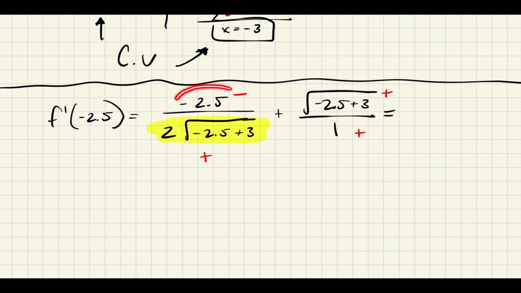This guy's a big number over this. So this is pretty much double this, right? Let's see. It's actually pretty close. Pretty close to 0. So this one's going to be a pretty small fraction here.